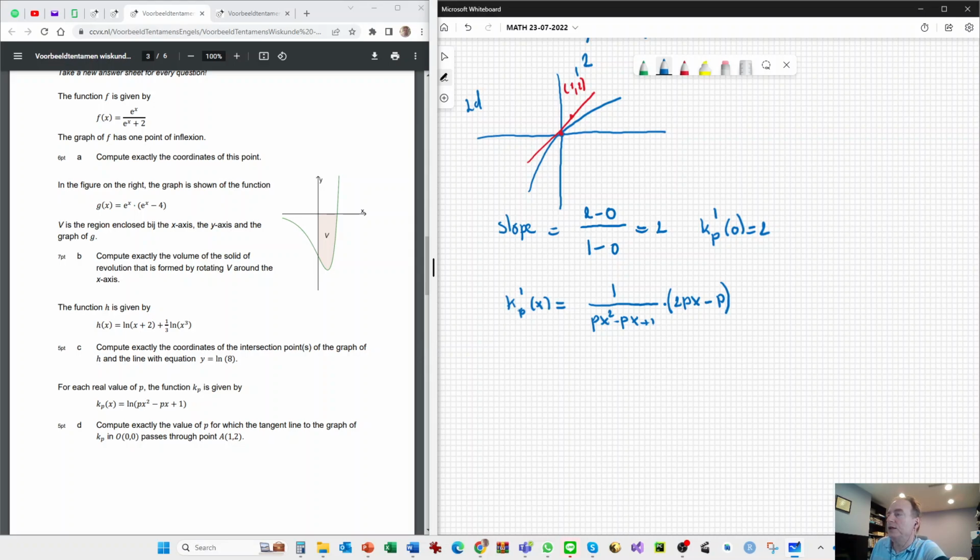And evaluated at 0, that's all correct, I get just negative p. So in other words, our p has to be a negative 2.